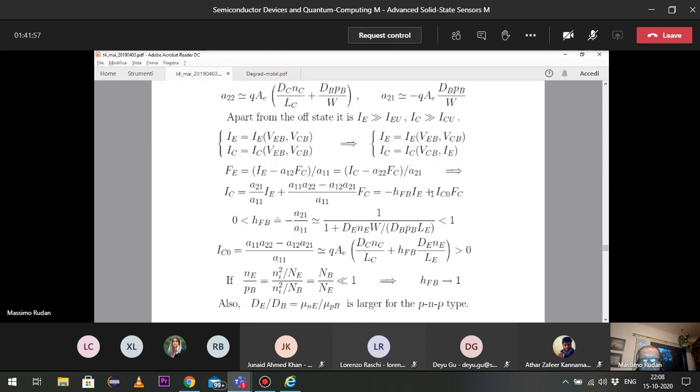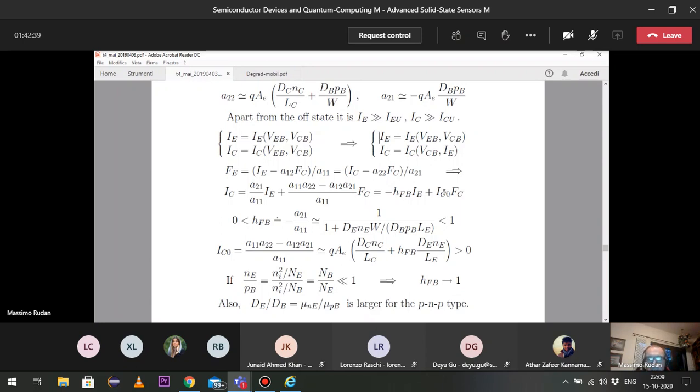This explains why, still in the normal mode of operation, this coefficient is called IC0. It is the value of the collector current in the normal mode of operation, meaning when we have a negative voltage on the collector, when the emitter contact is left open. So when we don't have any current in the emitter, of course, the only current that is left is IC0.